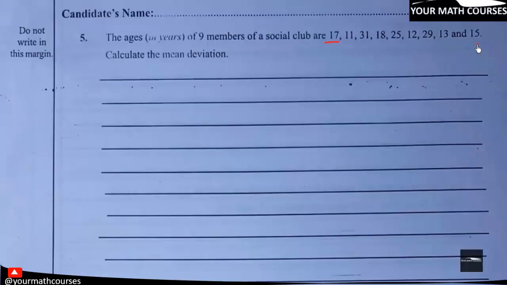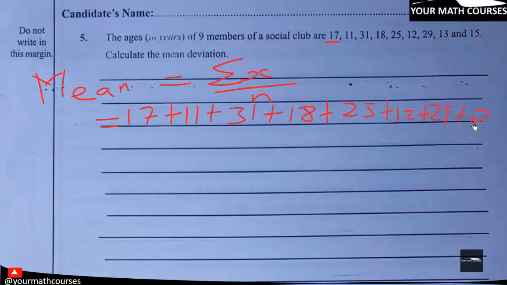So first, let's calculate the mean. The mean is equal to the sum of all these values over the number of members. So we add all, 17 plus 11 plus up to 15, all over 9.